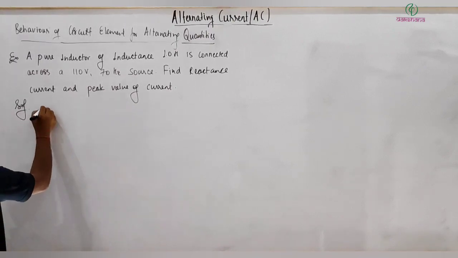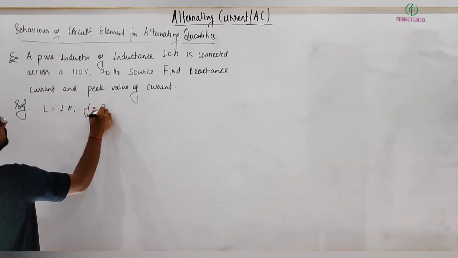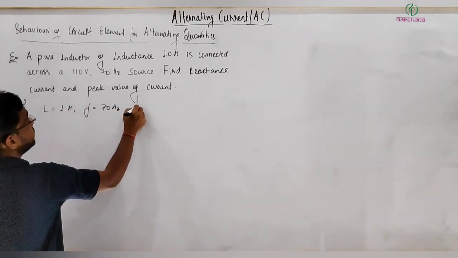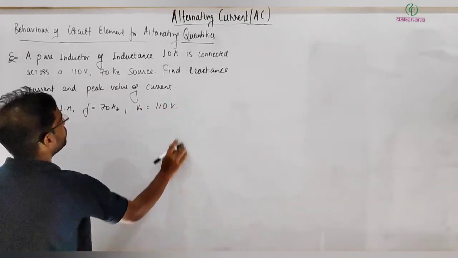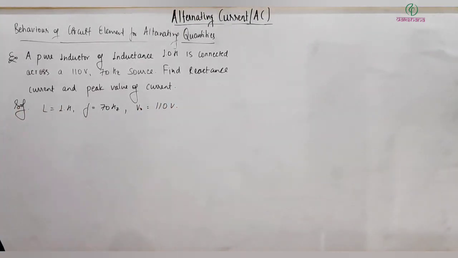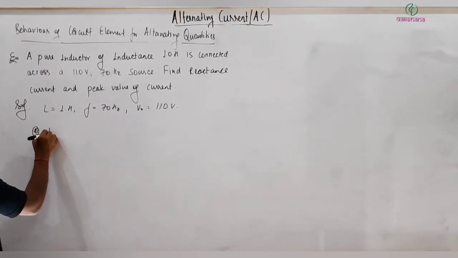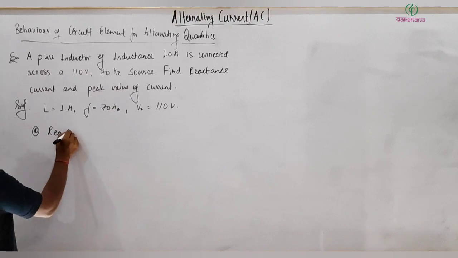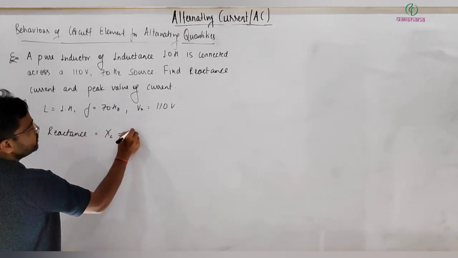So this is basic. Here L is given as 1 Henry, frequency is 70 hertz, and V naught, the peak voltage, you can write as 110 volt, and we need to find the reactance. So the first part is about inductive reactance. Reactance is given by XL, and that is equal to what?